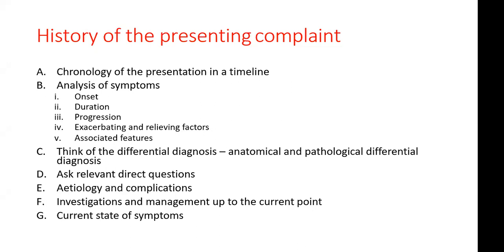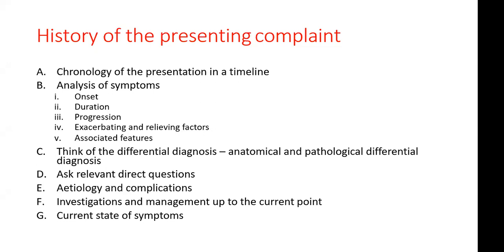These 1, 2, 3, 4, 5, 6, 7 points are very, very important. So make sure that you get this into your head very, very clearly. And this is the most important part of your history, especially in a diagnostic problem. So chronology, analyzing the symptoms within that chronology, generating a differential diagnosis, based on the differential diagnosis, asking relevant direct questions.